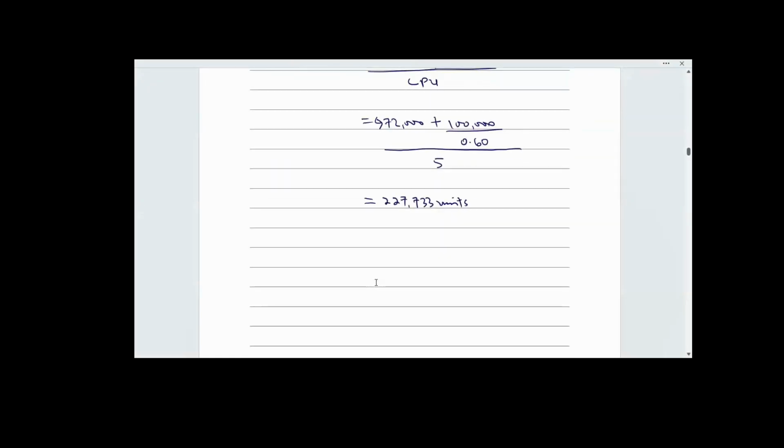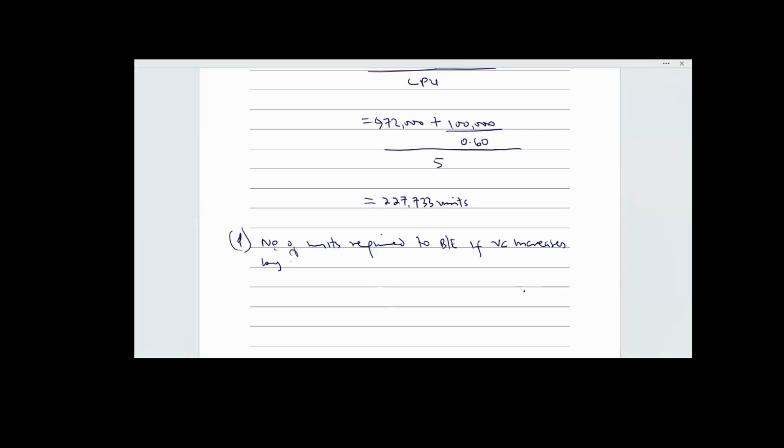I will call this number D: number of units required to break even if variable cost increases by 5%, then fixed costs increase by 2.5%.